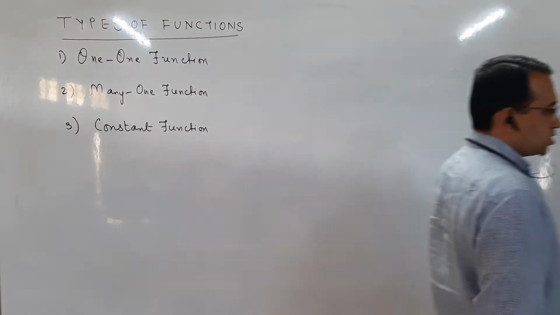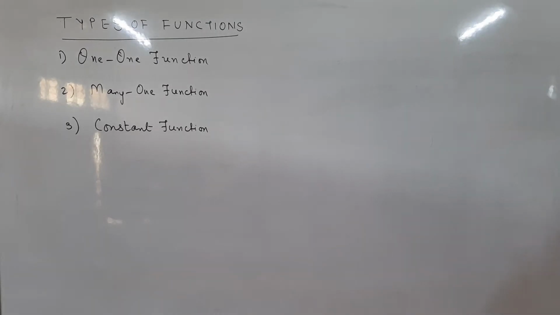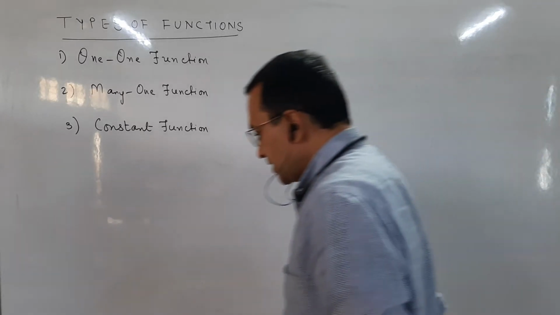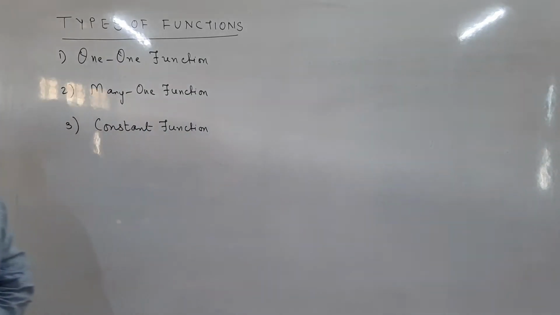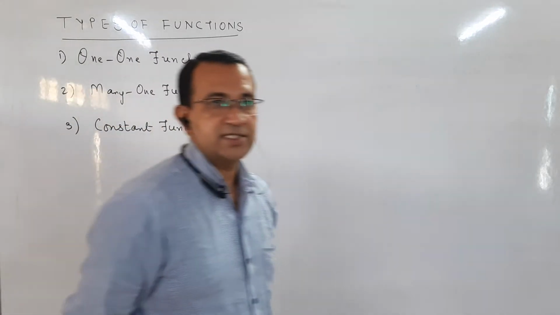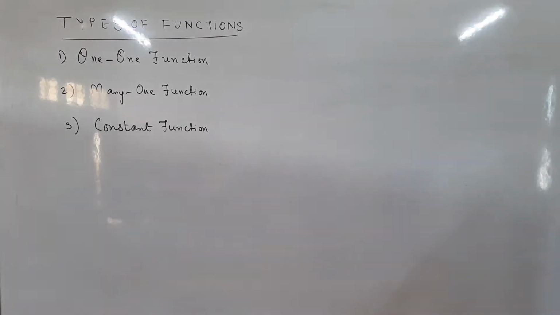Once again, suppose A and B are any two non-empty sets. If each and every element of set A is related to one and only one element of set B, then such a relation, association or correspondence is defined as a function from A to B. Set A is defined as domain and set B as codomain.